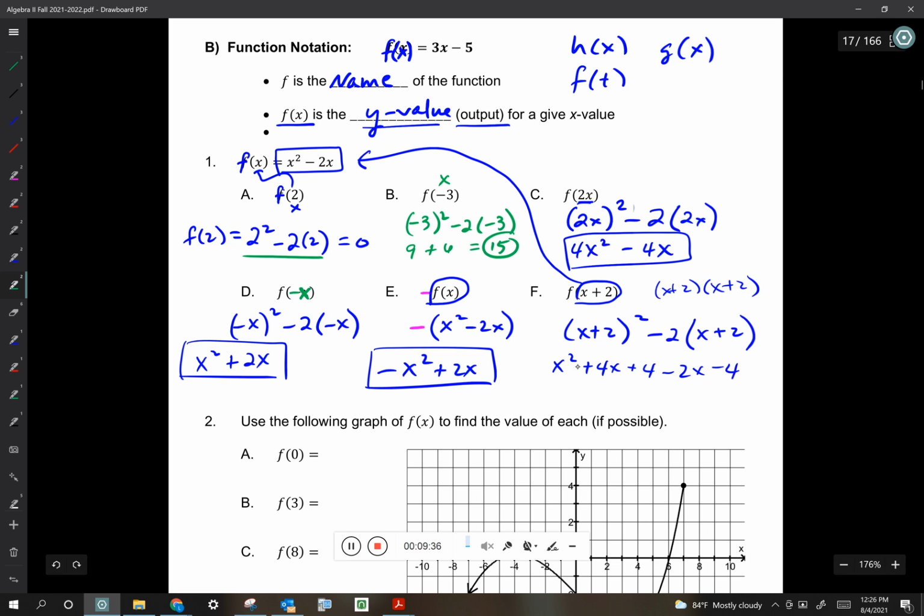So notice in this case, those 4's are going to cancel out, right? Positive and negative. So what we're going to end up with is x squared plus 4x. Whoops, actually, why don't I go ahead and combine the plus 4x and the minus 2x, and that would just become a plus 2x. So yes, that's the simplified version. But remember what I said, this setup is the most important thing that we're looking at.